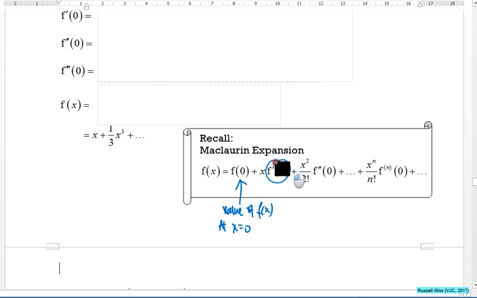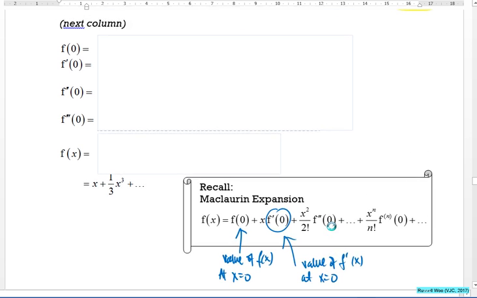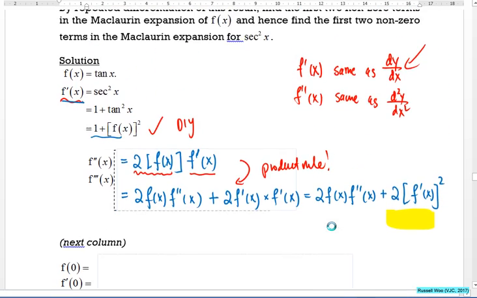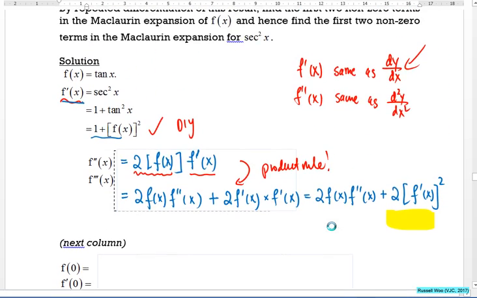This one is the value of f'(x) at x equals 0. So we're going to find all these values using this expression.